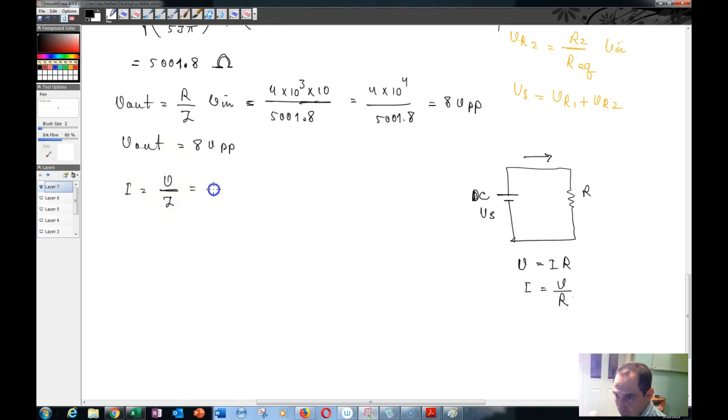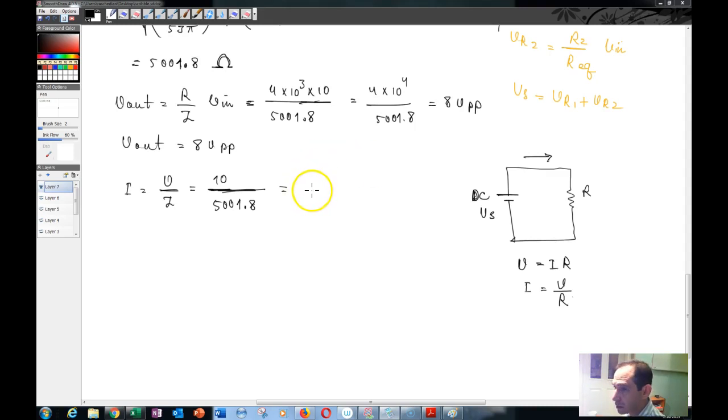This is the supply voltage, which is 10 volts peak to peak, and your Z was equal to 5001.8 ohm. And now this calculation would be 10 divided by 5001.8, which is equal to 0.002, around 2 milliamp.